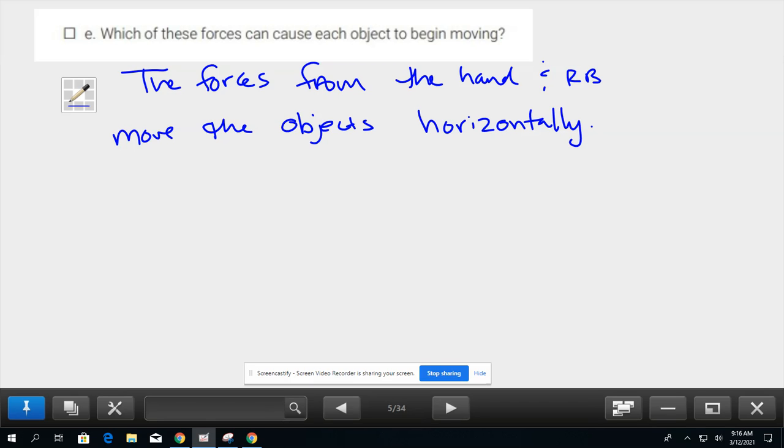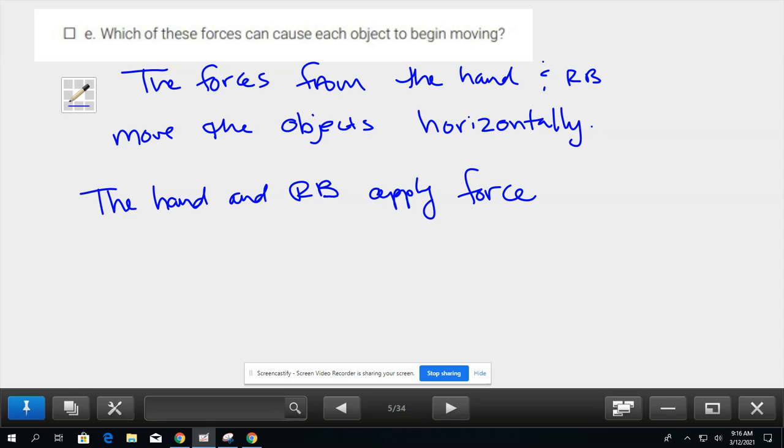It's the hand and the rubber band that start the objects to move. They are applying the force. The hand and rubber band apply force and start motion. Pause the video to record your response.